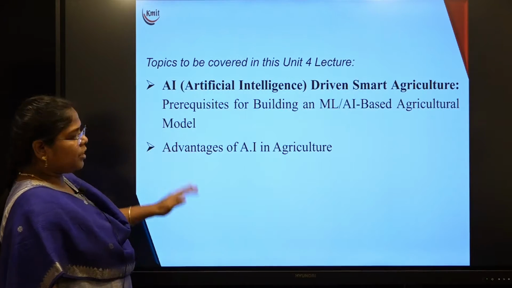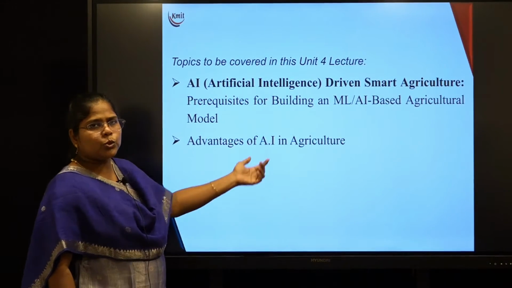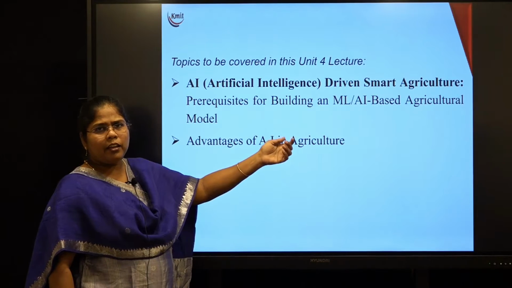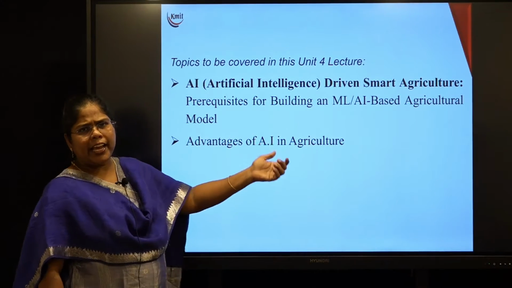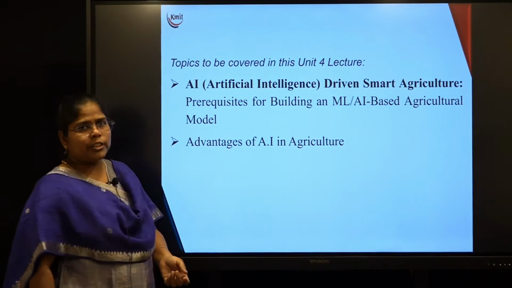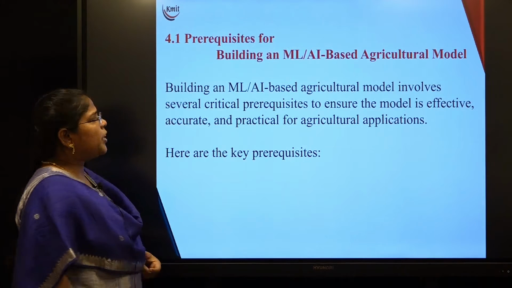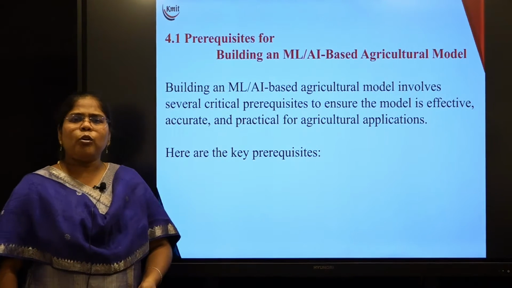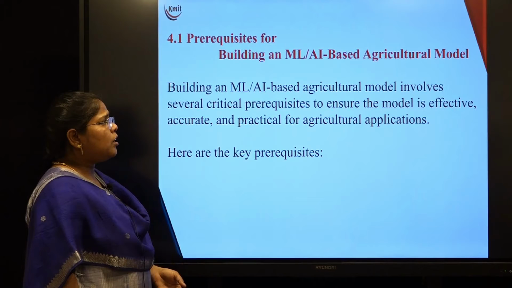In this session we will be studying the prerequisites to build the AI ML based model or end-to-end AI system. We will be seeing the advantages of AI in agriculture. Coming to the prerequisites, we know the building of an ML model, how to build a model.